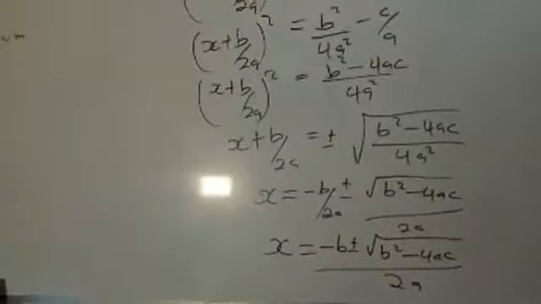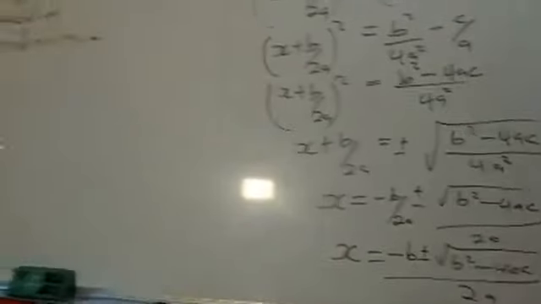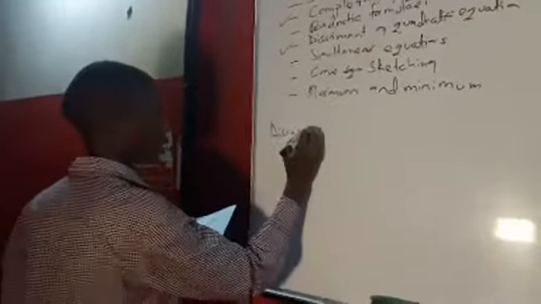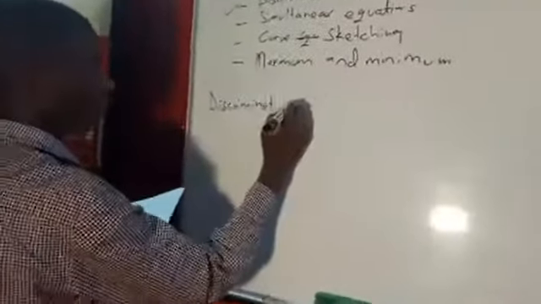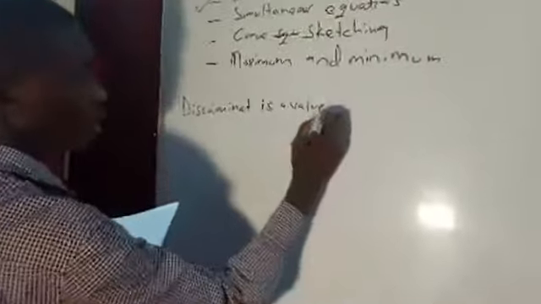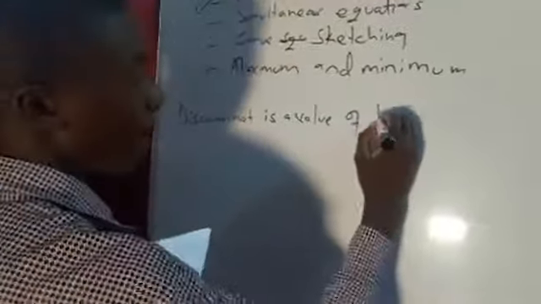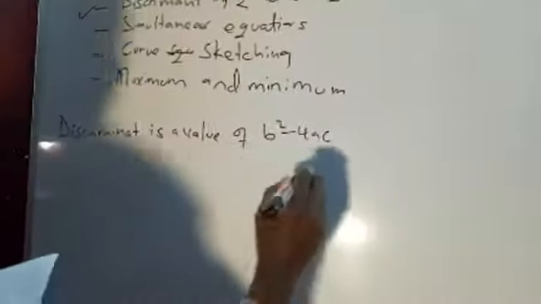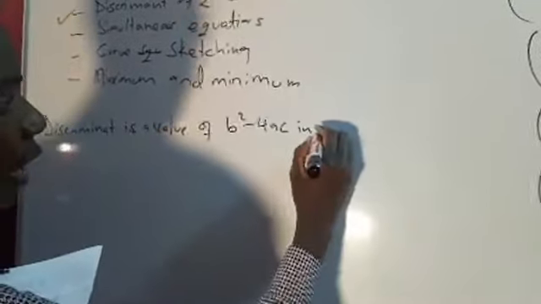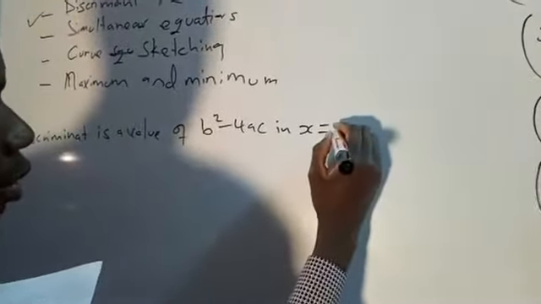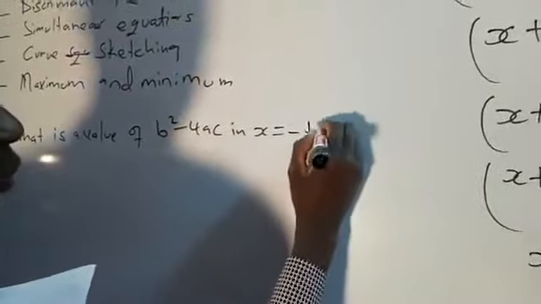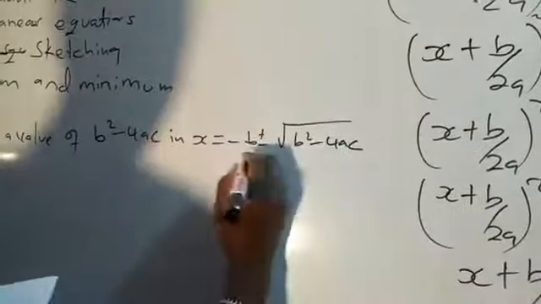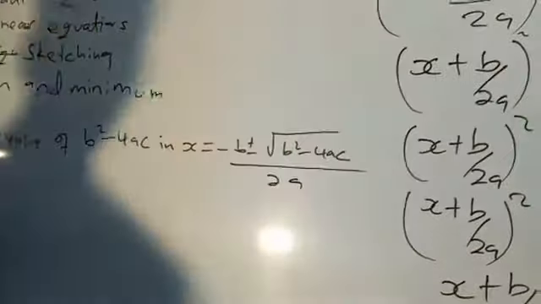And a discriminant is the value of b squared minus 4ac in x equaling to minus b plus or minus root b squared minus 4ac over 2a.